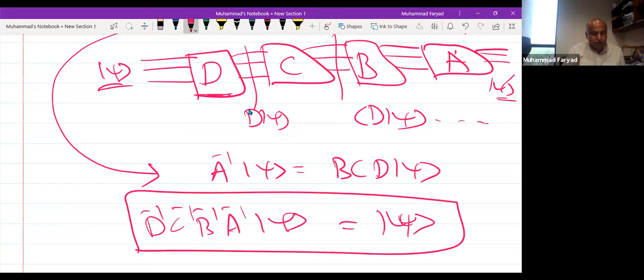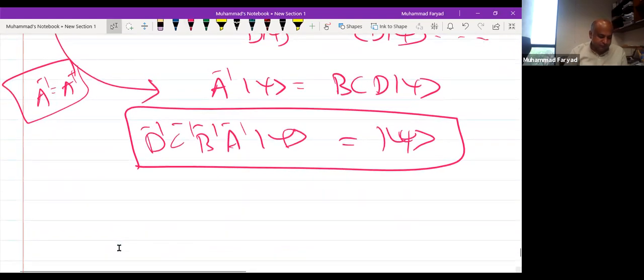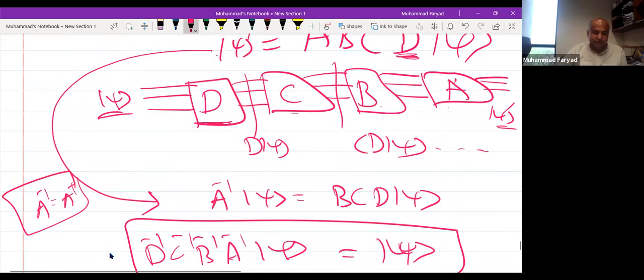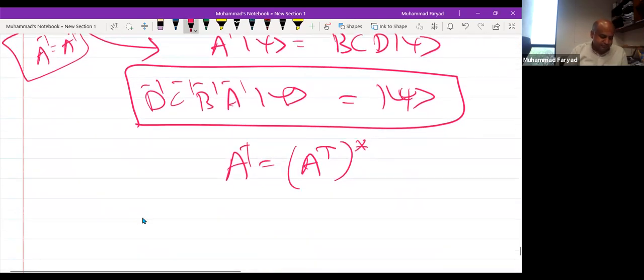So not only do you have to apply operations A, B, C, D in reverse, but you also have to take their inverses. And fortunately, since all of these are unitary operations, A inverse is nothing but A dagger. And always remember, A dagger has two parts: a transpose and a conjugate. So if I want to get psi back from psi prime, we need to run a circuit like this.